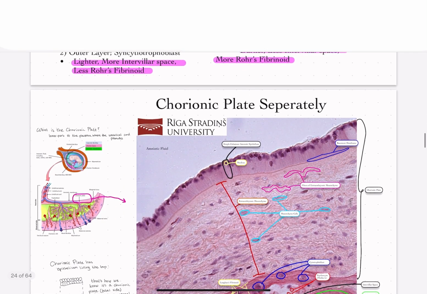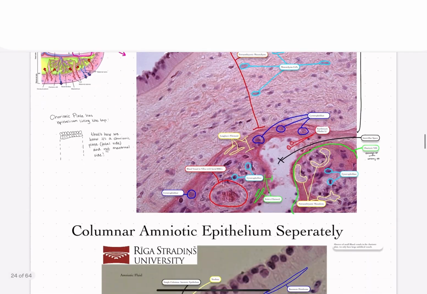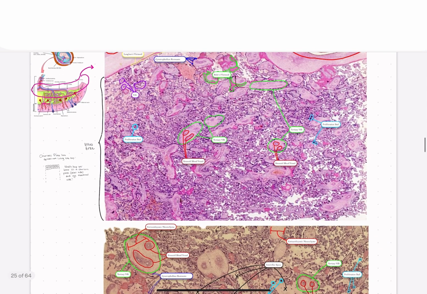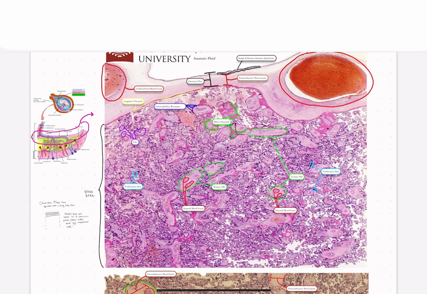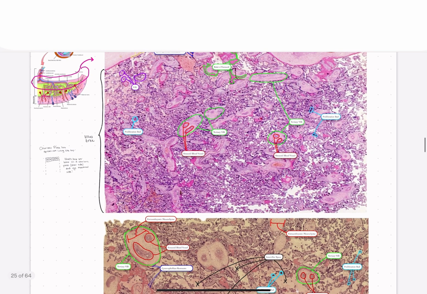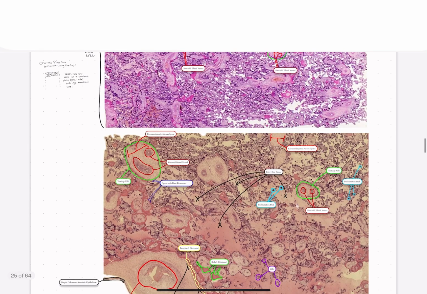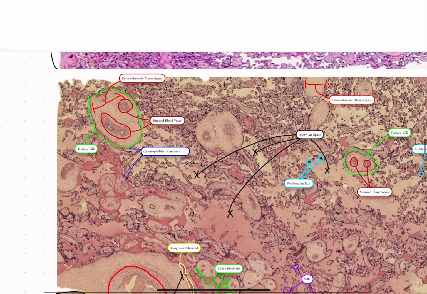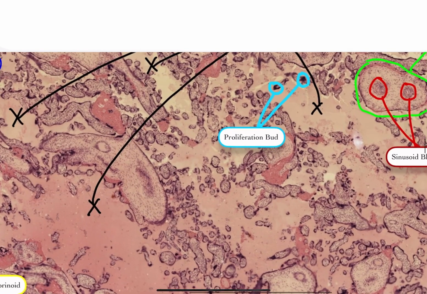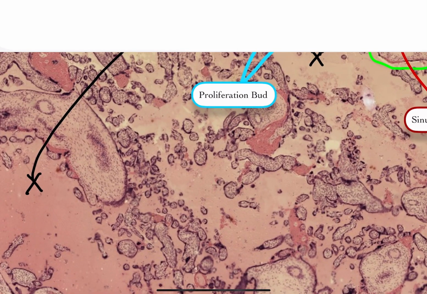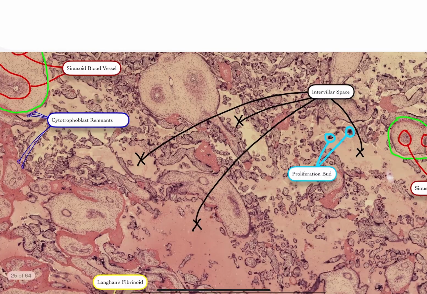Now I would like to mention some other things. First off, some other structures. Well, we can also talk about how we can find a little bit more about old and new placenta, or we can find some examples of it.